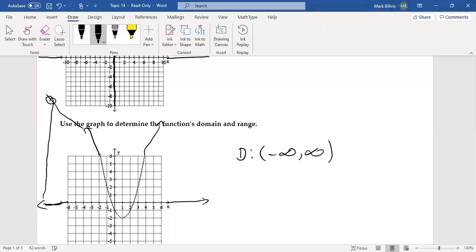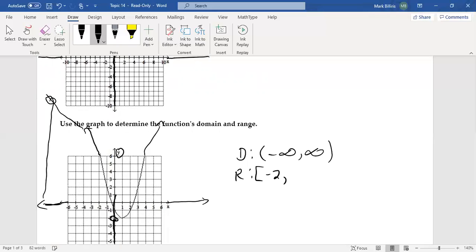Now when we look at our range, we're looking at our y-axis. We'll start at -5 and work our way up. When we start at -5 and work our way up, we hit the first point on the graph at -2. So the lowest point on this graph is -2. What's the highest point?